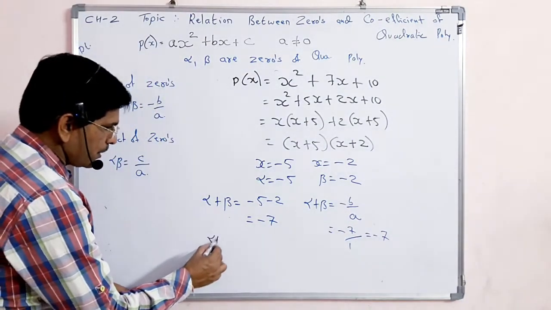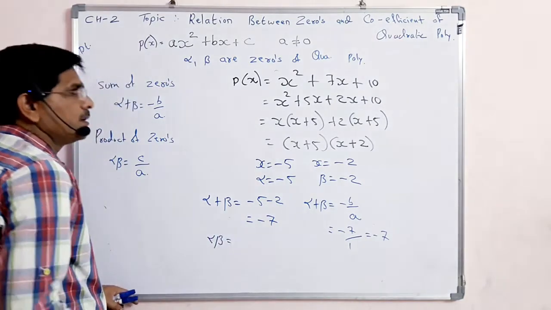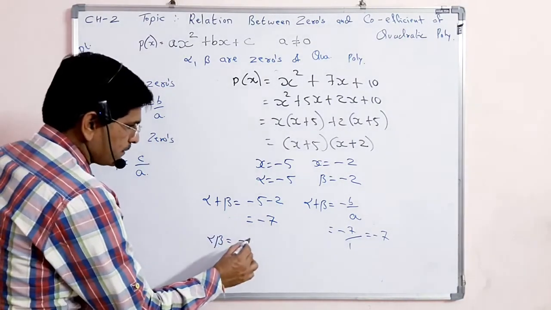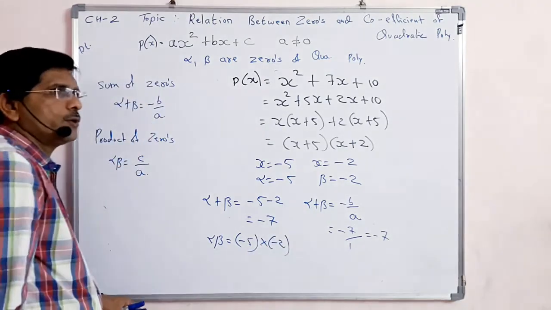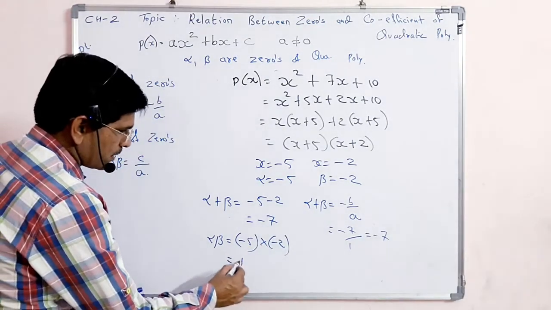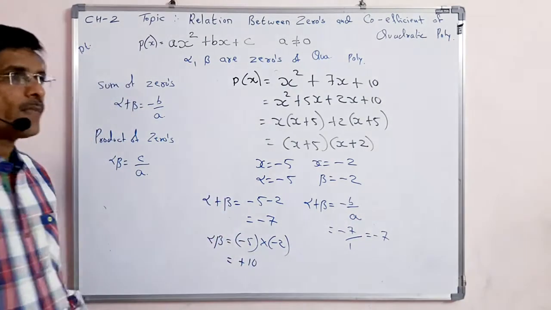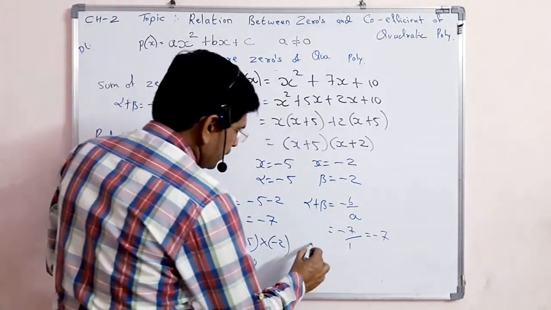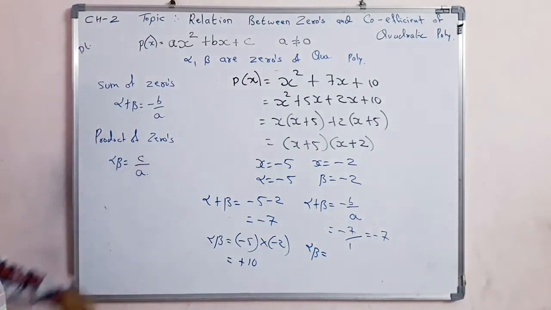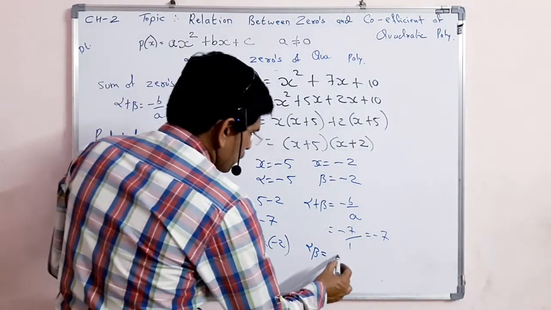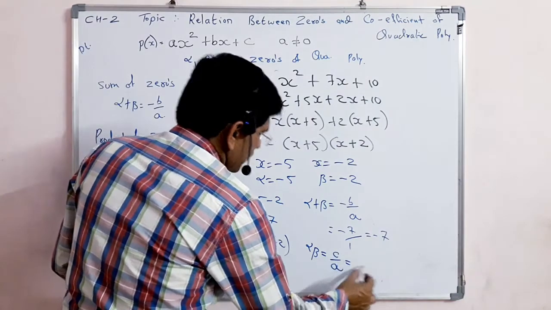Now alpha into beta, that is minus 5 multiplied by minus 2, we get plus 10. Again alpha into beta, by using coefficients, is c by a. So we have to find c and a.